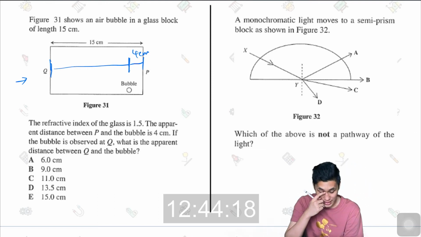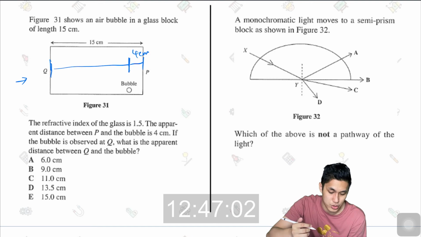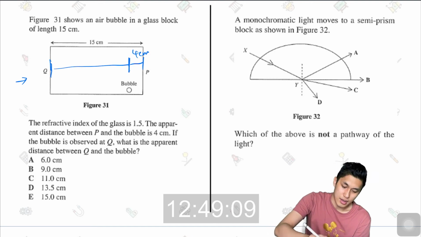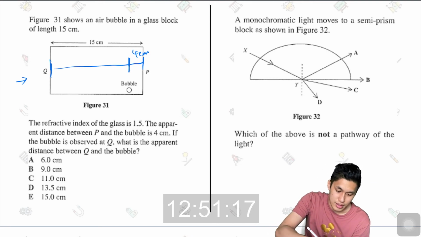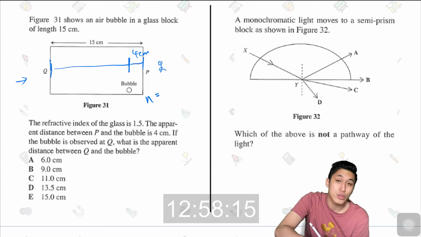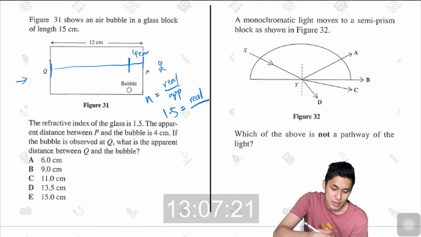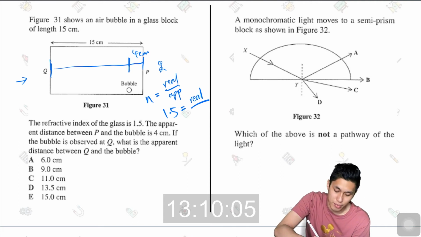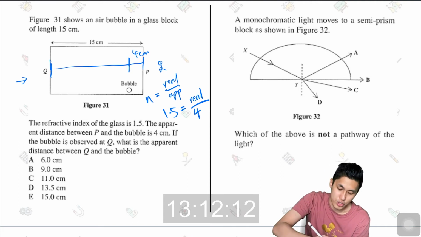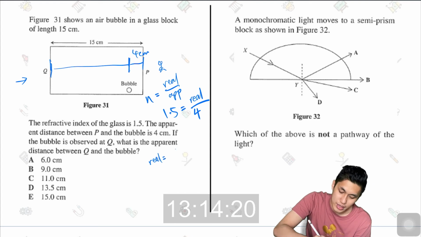First of all, let's find out where the bubble actually is, right? So when you're standing at P, okay, the refractive index n is equal to the real depth divided by the apparent depth. So refractive index 1.5 is equal to the real depth divided by, it looks to be 4 cm away from P. So the real depth is actually 1.5 times 4, that's 6 cm.